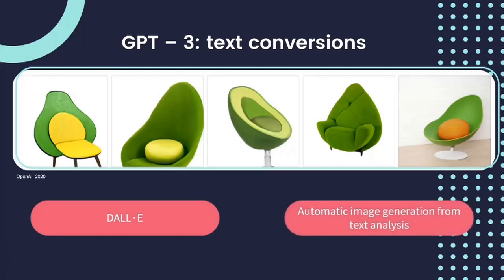For instance, the image you see above is directly from the GPT-3 website, and the description used to create the image illustrated was simply "armchair in the shape of an avocado," and this is what was generated. A truly remarkable progress made by GPT-3. If you're also interested, you can go look at the conversation held by GPT-3 for further astonishing results.